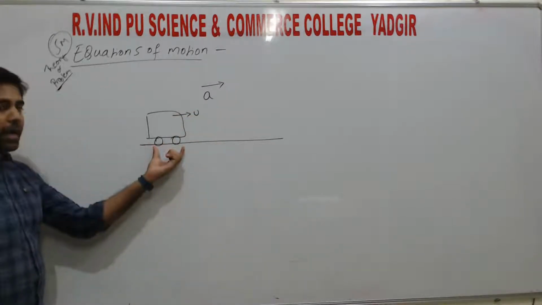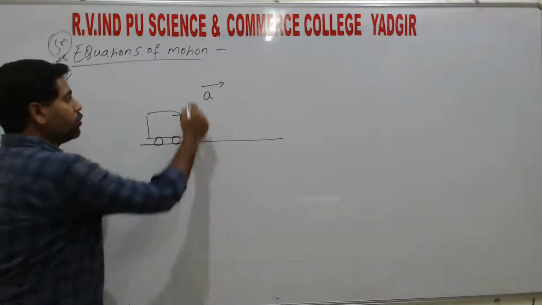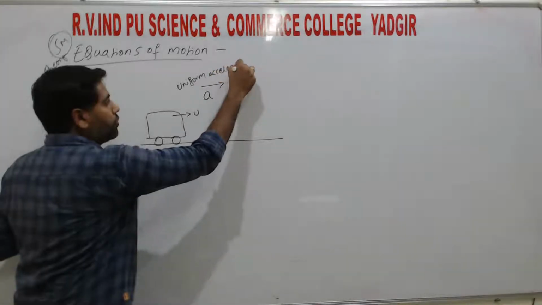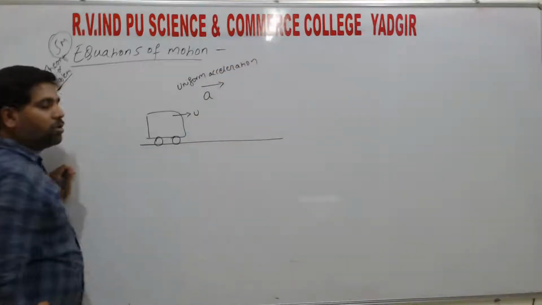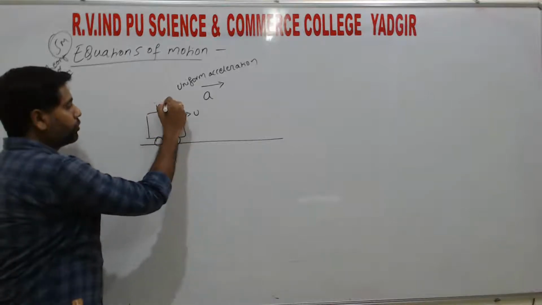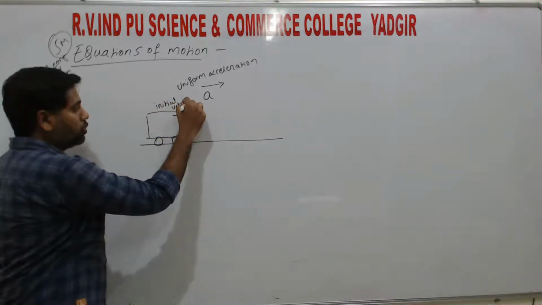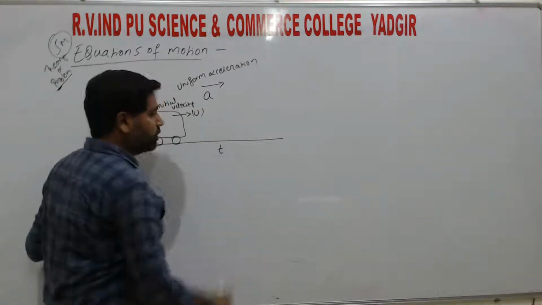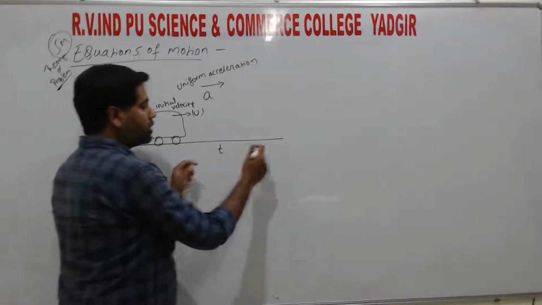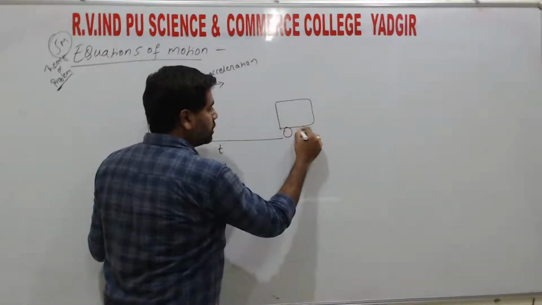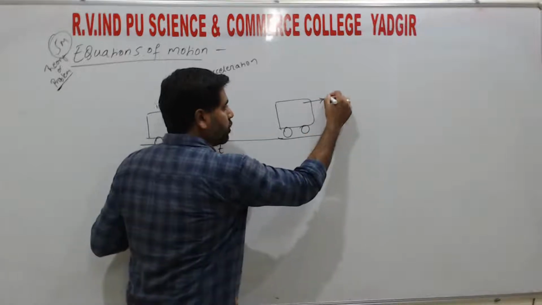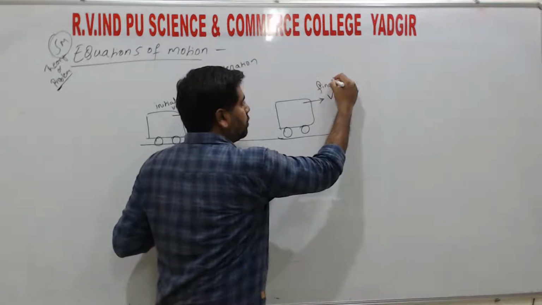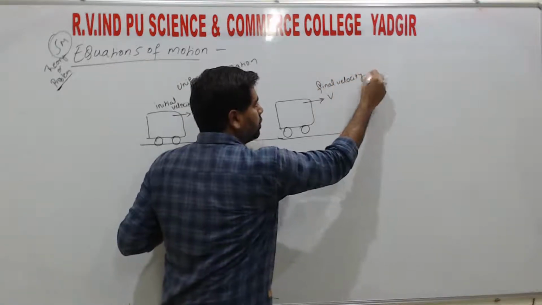After a certain time t, as it is moving, it covers some distance. That velocity is v. So we call this velocity the final velocity, right?